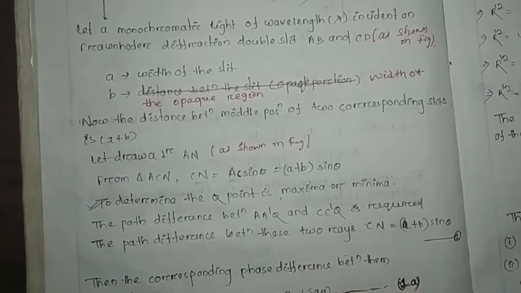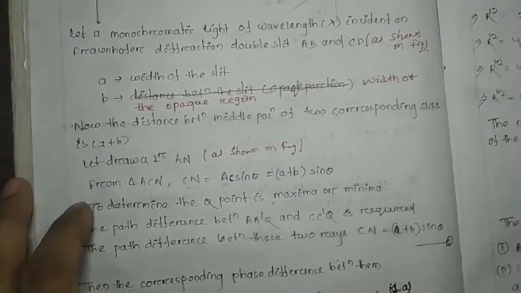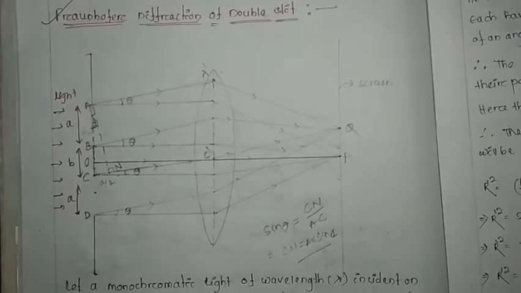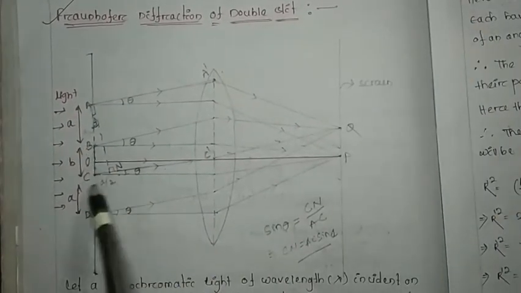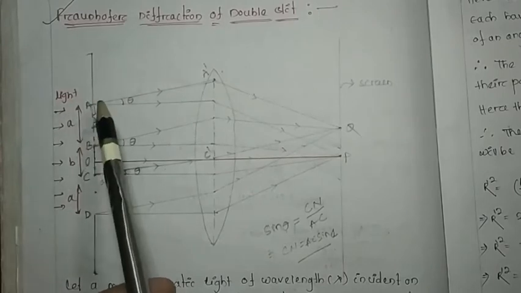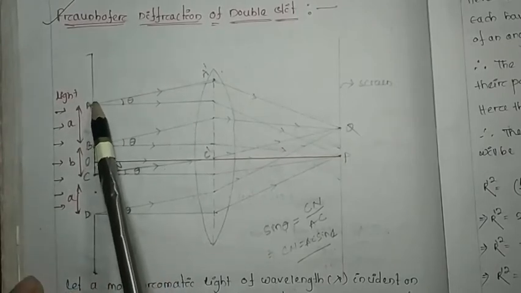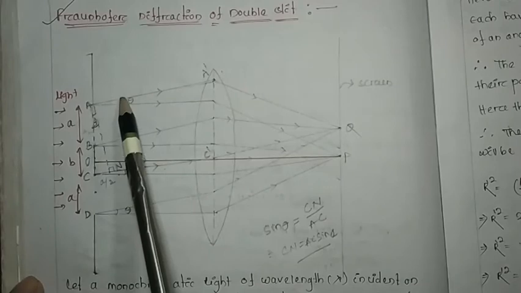Now, if we consider the ray diagram, we can find that at A point diffraction happens with an angle theta.